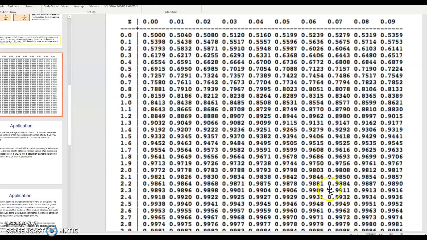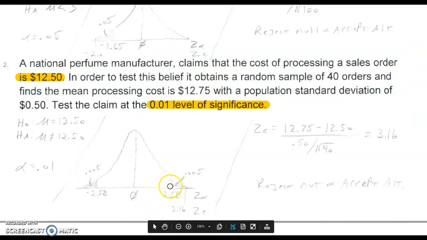So 0.995, go down here, 995. So 2.58. And it's symmetrical, so the lower tail is going to be negative 2.58. Okay, so now we've got our critical Z.